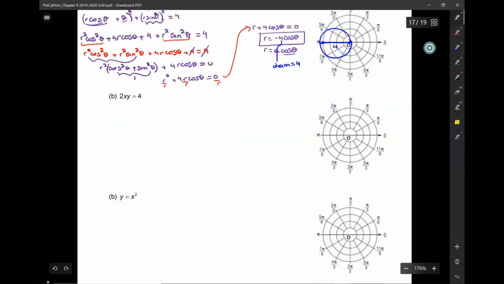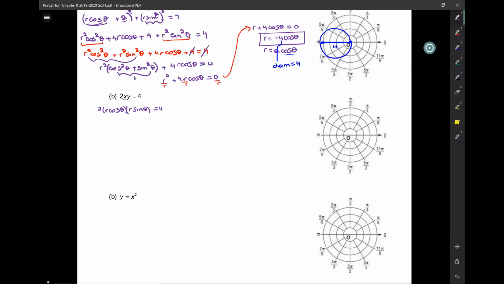2xy is equal to 4. Basically what I've tried here is I've tried to put one of every type that you will see. So let's just go through them because different types will have different methods of solving. So here I have 2. What's x? r cosine theta. What's y? r sine theta. Equal to 4.